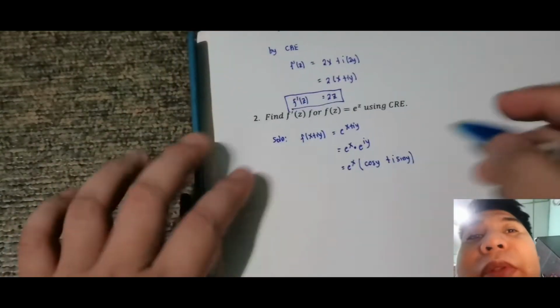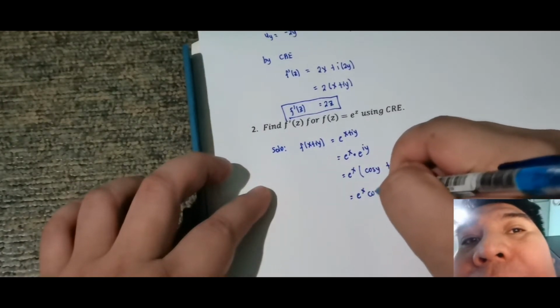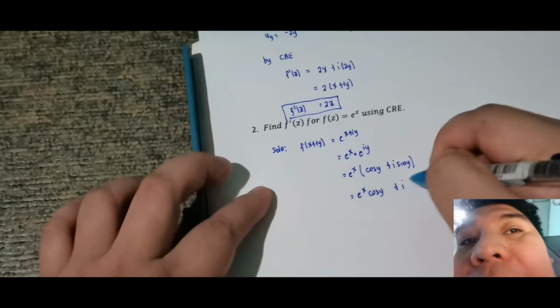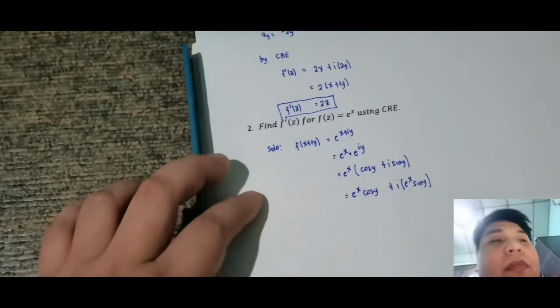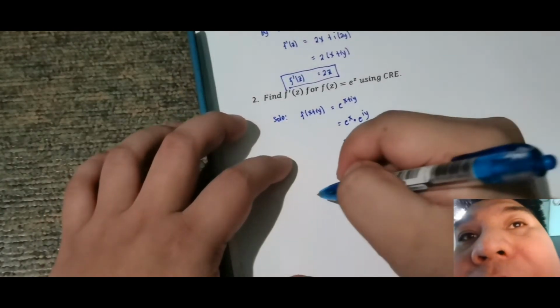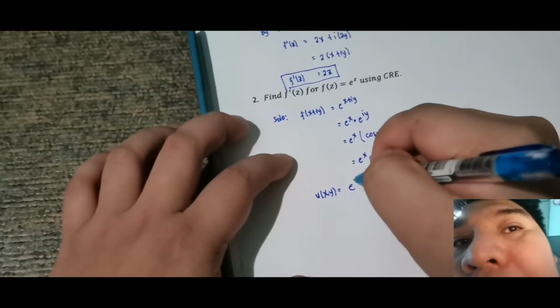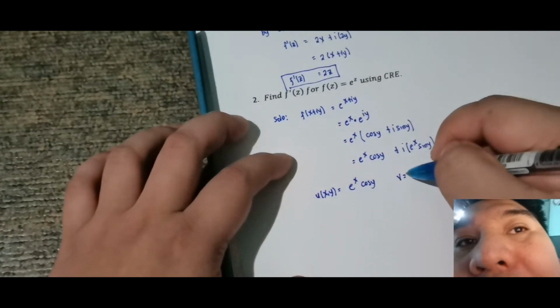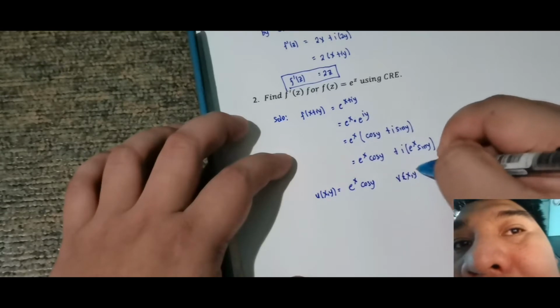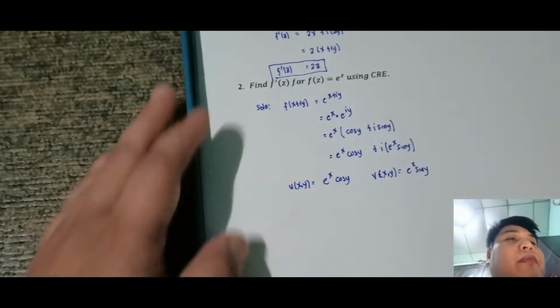Next is multiply natin further si e raised to x. So this is e raised to x cosine y plus i times e raised to x sine y. So ang obvious, u of x comma y is equal to e raised to x cosine y. Si v of x comma y ay equal sa e raised to x sine y.